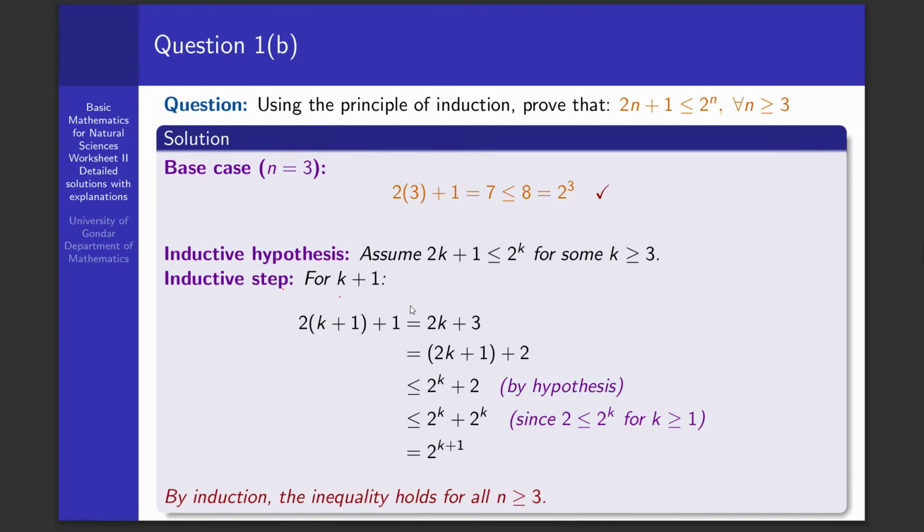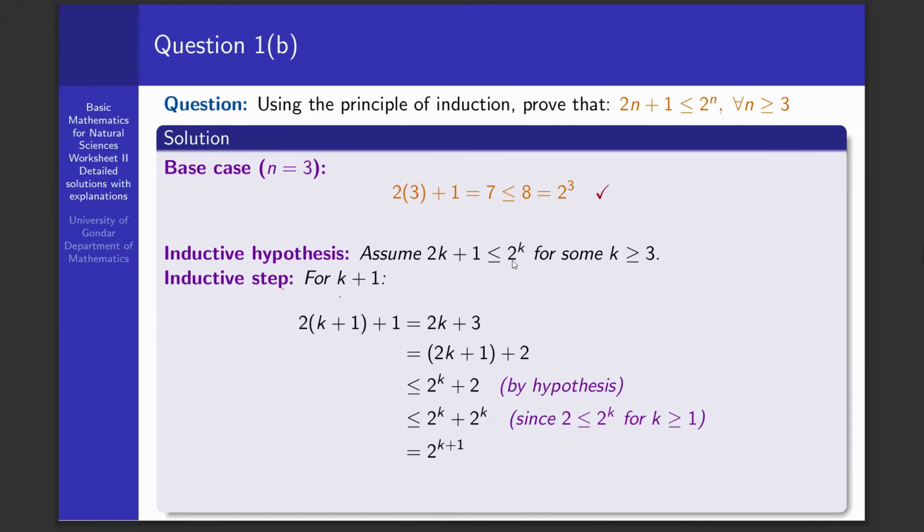Directly, if we substitute k plus 1 in place of n here, we have 2(k plus 1) plus 1, which is equal to 2k plus 3. If we factor this, that is dividing 3 into 2 parts, 1 and 2, we have 2k plus 1 plus 2, which is less than or equal to 2^k plus 2.